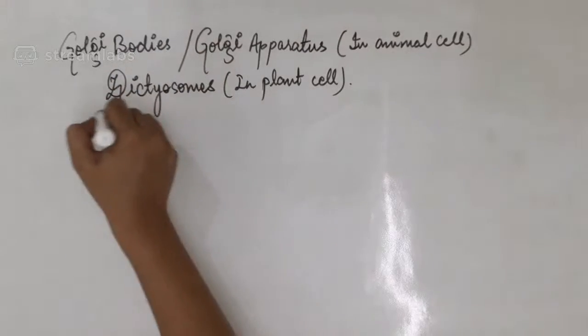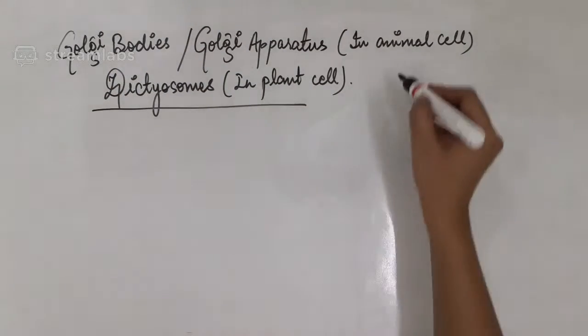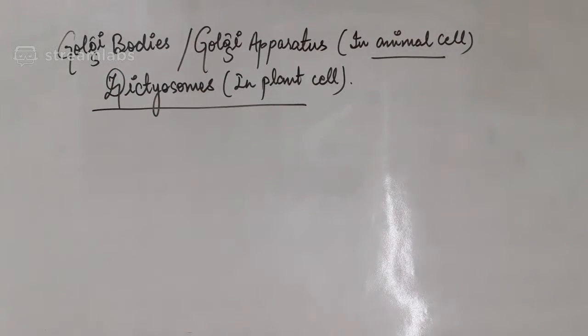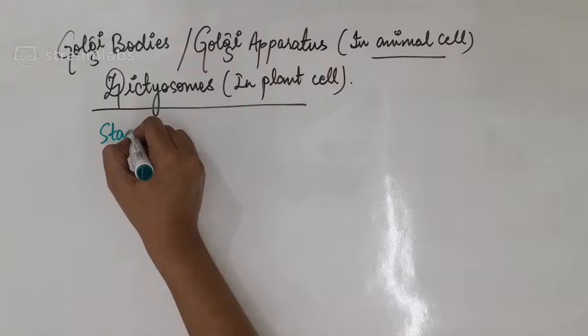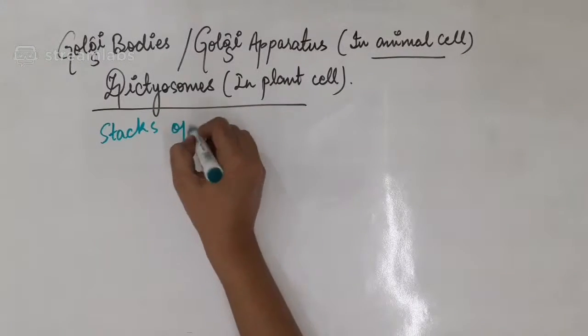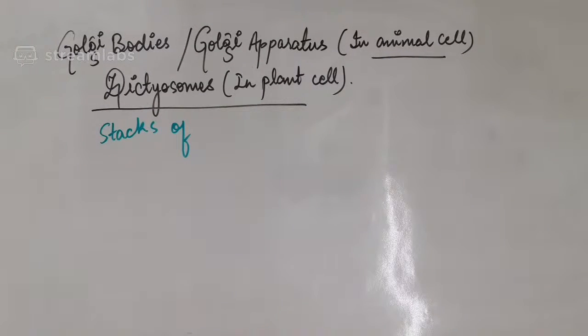The Golgi bodies or the dictyosomes are the stacks of flattened membrane sacs.